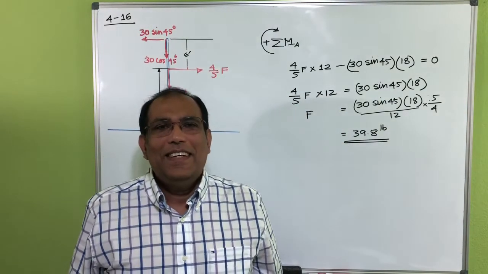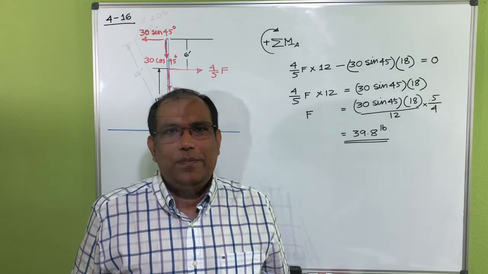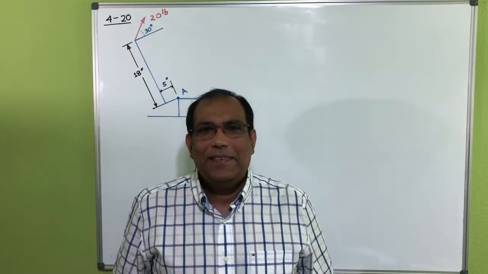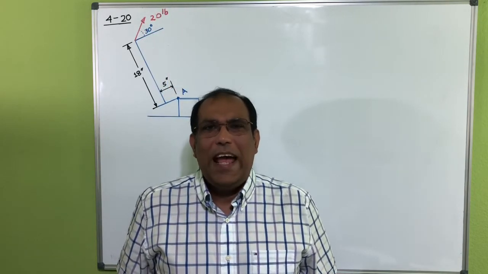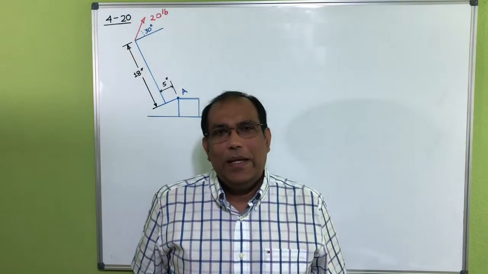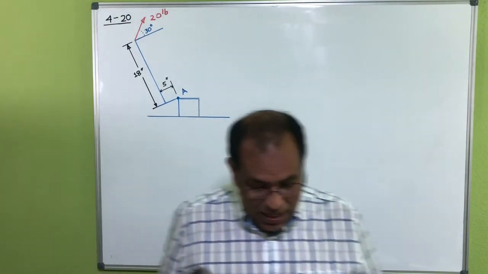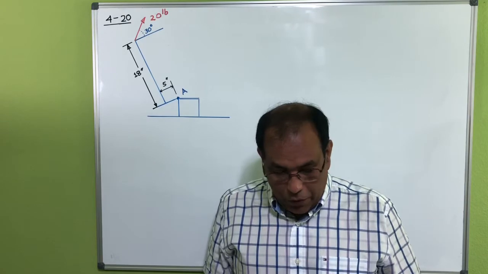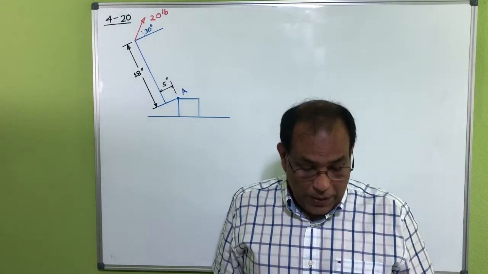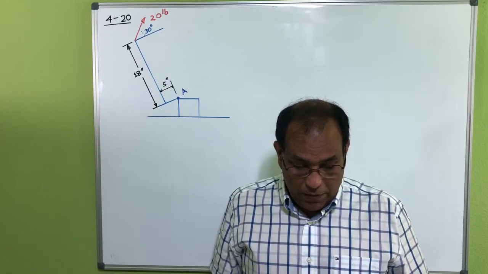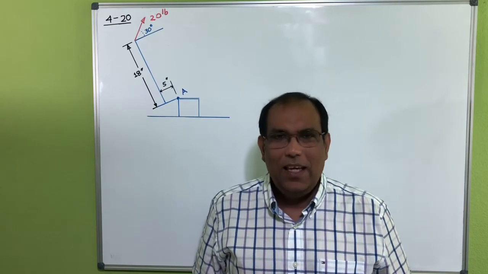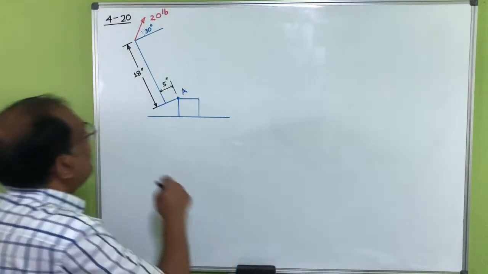Okay, let's move forward. Problem number 4-20. Okay, the problem is saying the handle of a hammer is subjected to the force of 20 pounds. Determine the moment of the force about the point A. Okay, so here is the figure.